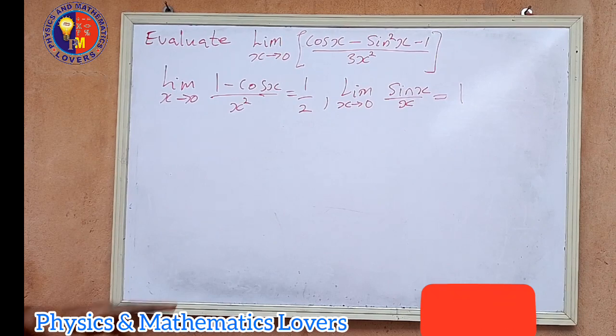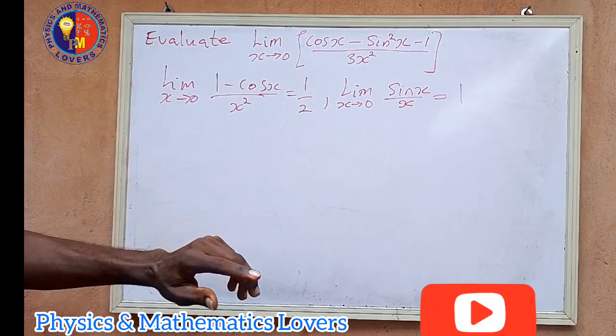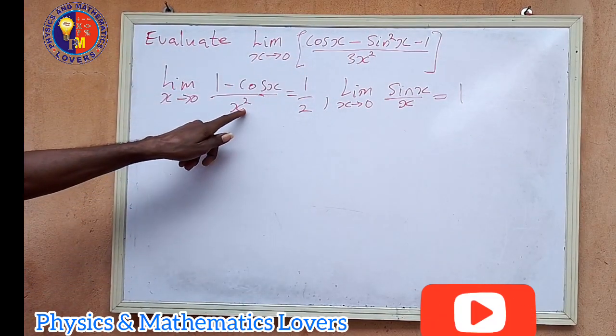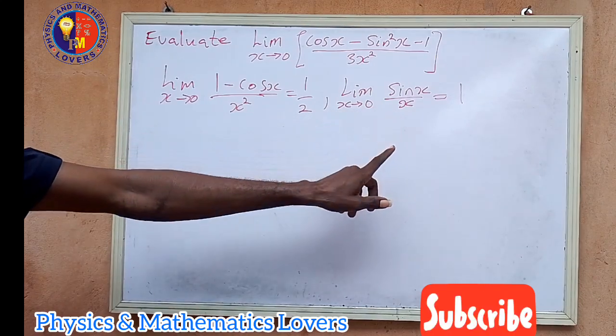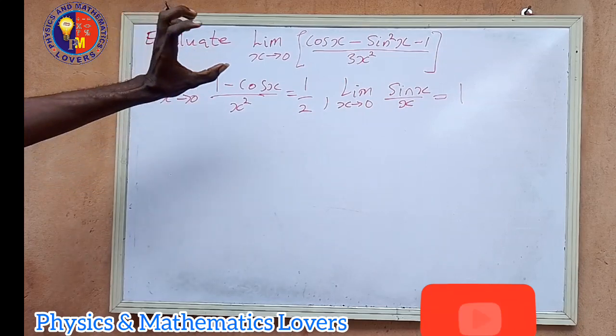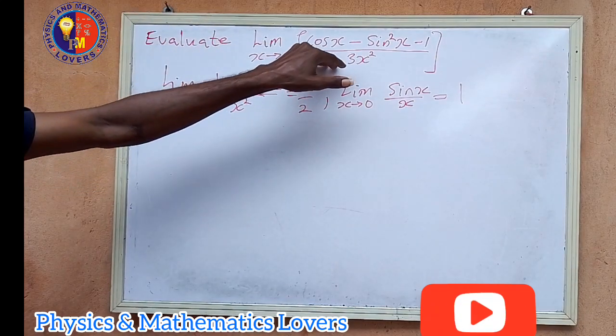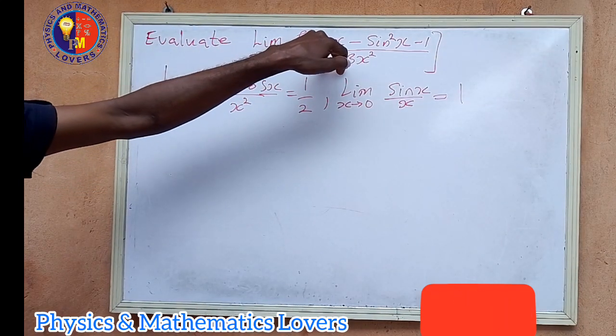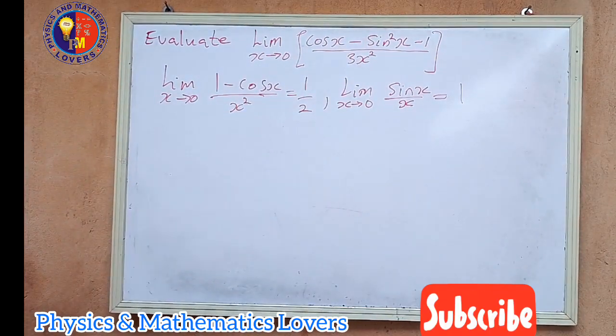So whatever we are going to work now, we are going to work towards achieving this or this. That is why we are going to carry out algebraic simplification and manipulation in this kind of question. So now let's go.